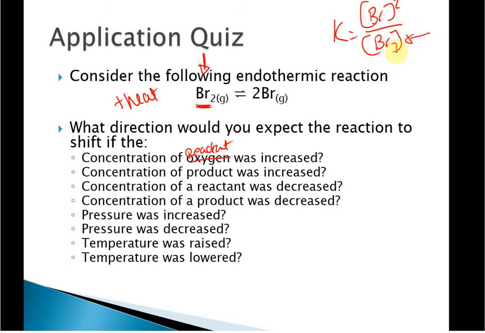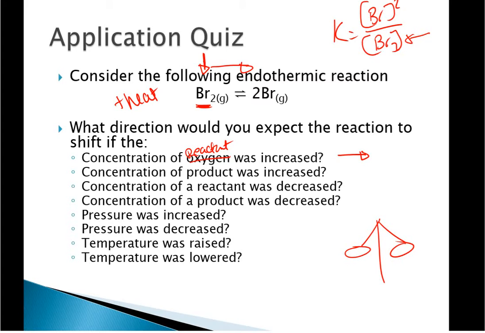In order to shift to make this equal, we have to allow for the more production of product so that the K, or the ratio of product to reactant, is going to be the same. So it's going to shift, right, it's going to make product so that the ratio is going to be the same between reactant and product.